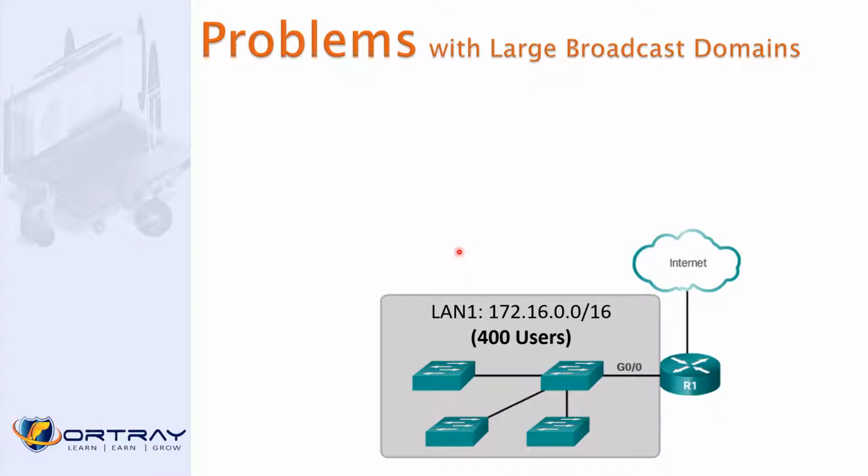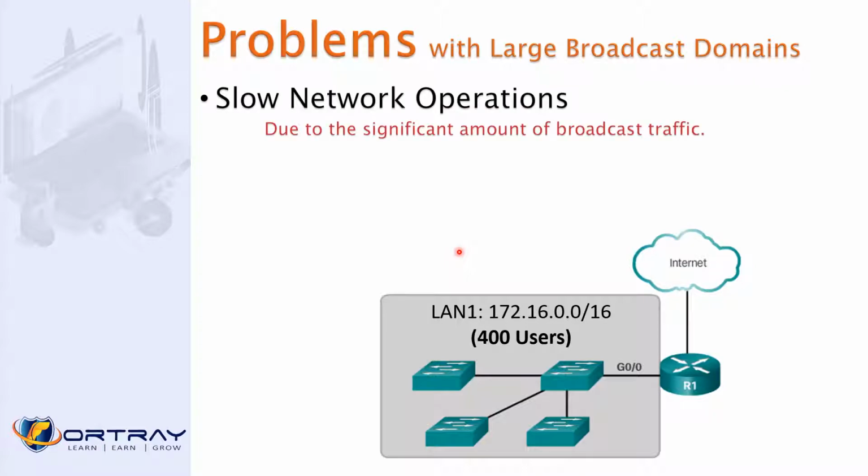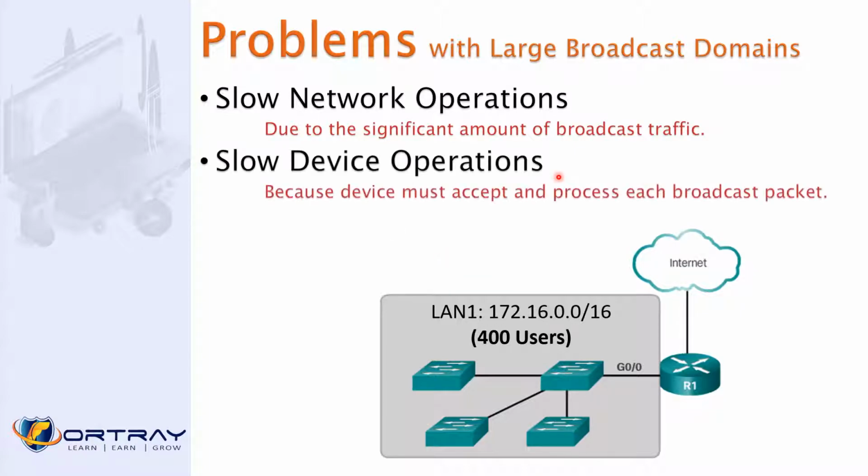The second thing is, if the network is big enough and the requirement is only 400 users, and a broadcast request needs to be done, it will go to all the machines. That slows the network operation due to the significant amount of broadcast traffic. It slows down device operation because devices must accept and process each broadcast. Devices are not inherently designed to deny it, to say, oh, it's a broadcast, we don't want to hear you. They have to process it.